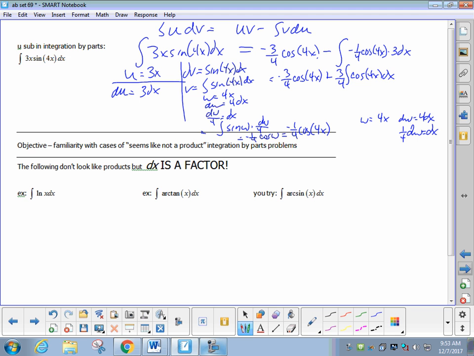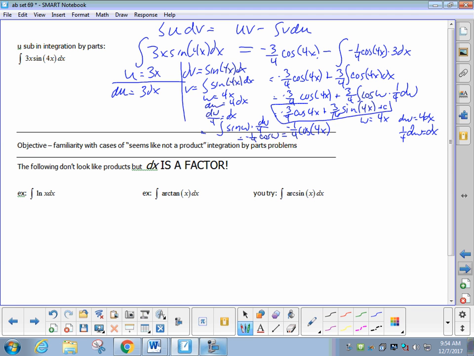So with substitution, I get negative 3/4 cosine of 4x plus 3/4 cosine w times 1/4 dw. Man, I'm getting tired. Negative 3/4 cosine of 4x plus 3/16 sine of w, and w is 4x.